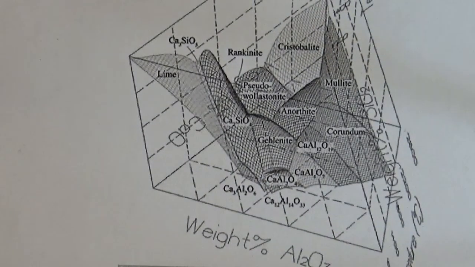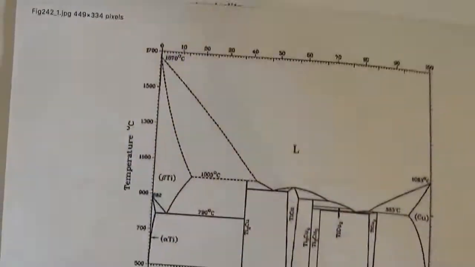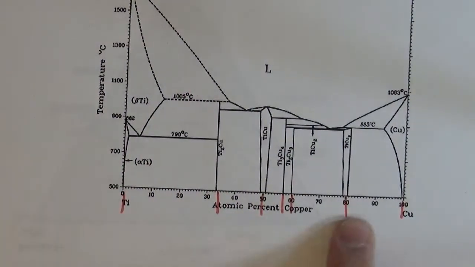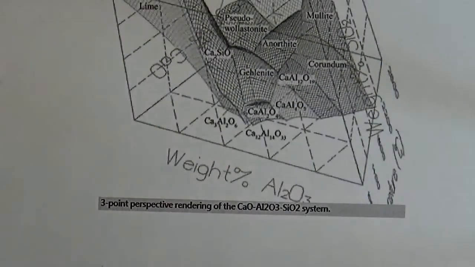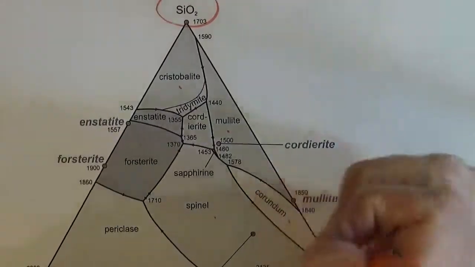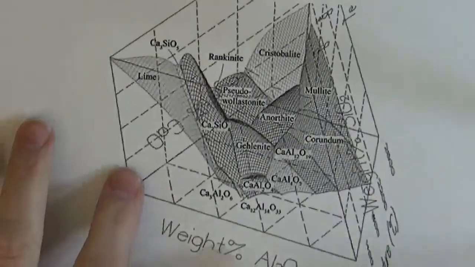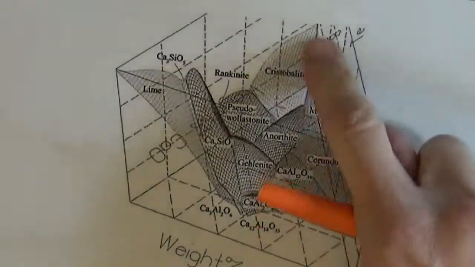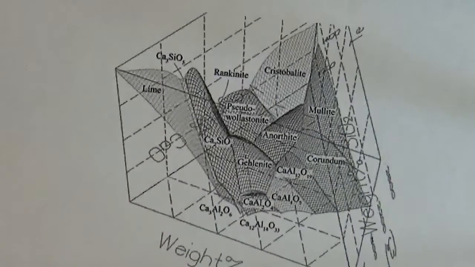So whereas in our binary we had temperature on the y-axis and composition on the x, well, now these are all composition, composition, composition, which means the temperature is now coming out of the board, which means that you actually are thinking about a three-dimensional structure where these are now surfaces in 3 dimensions.